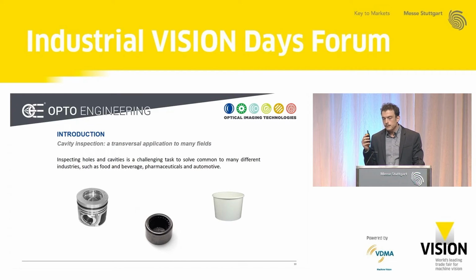And it's safe to say that cavity inspection is a very transversal application because it is common to many fields, many sectors, including, but not only automotive, beverage, but also the pharmaceutical one. And here I reported just 3 simple examples of objects that are inspected with such lenses.